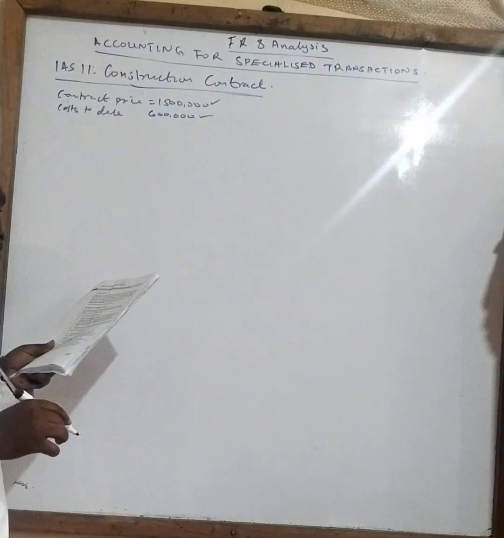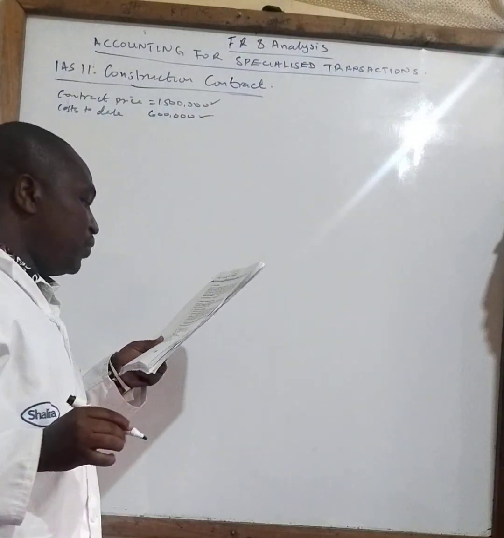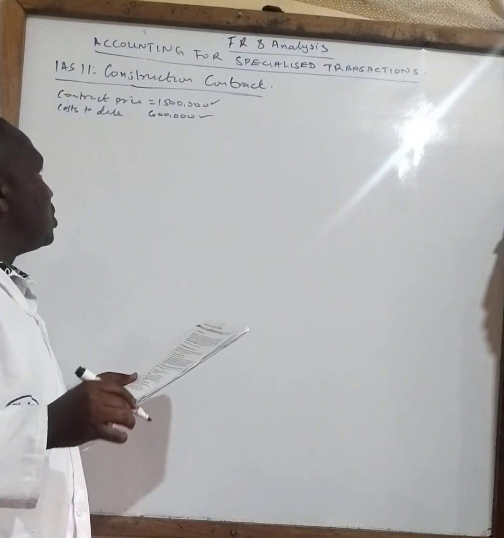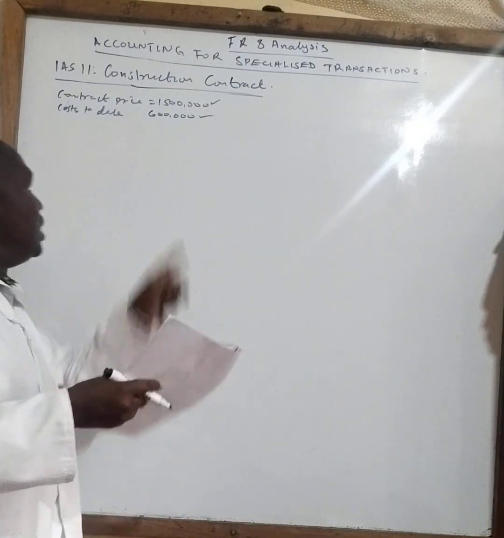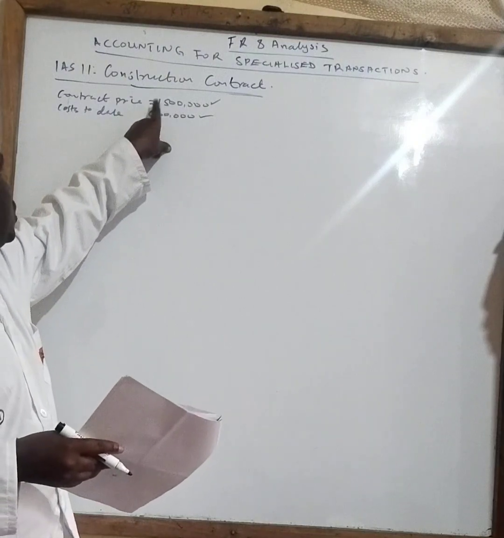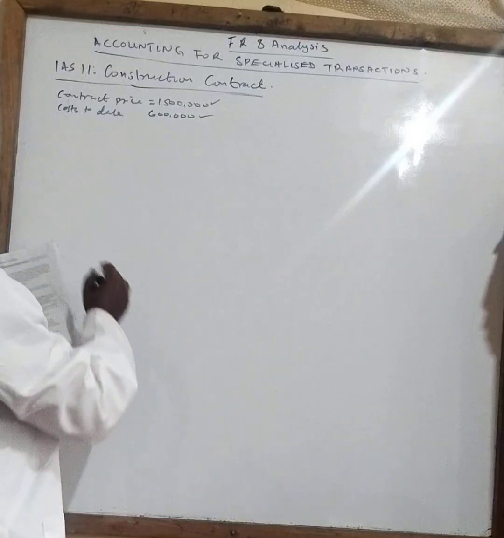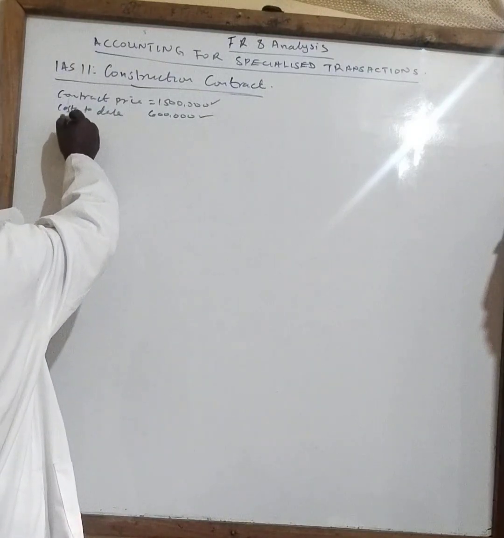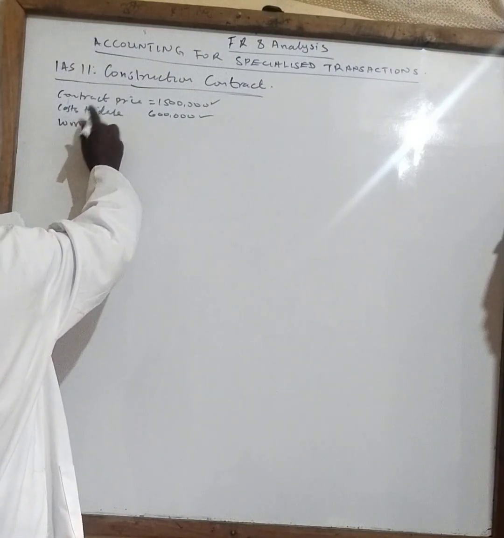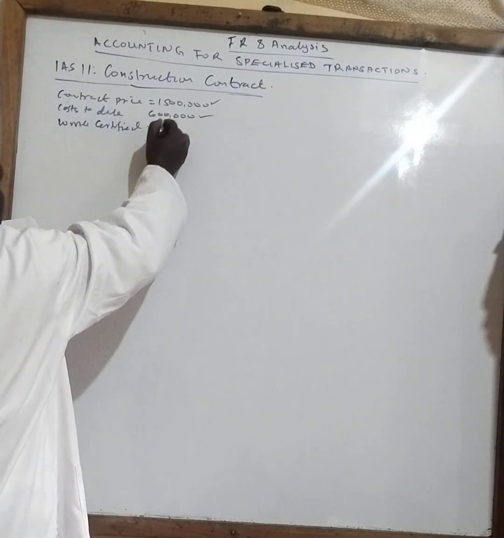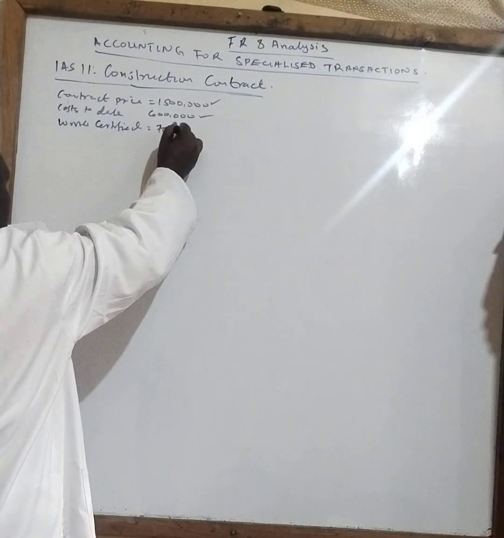Correct. Half the work on the contract was completed. Half of the work of the contract is completed, which means this contract price of 1.5 million, half of it has been completed. Therefore, that means work certified is half of this, 750,000.